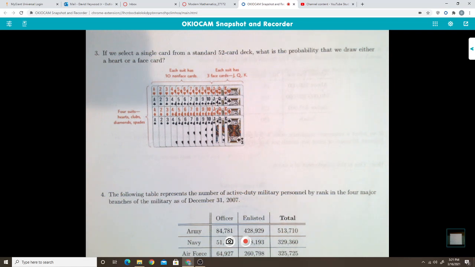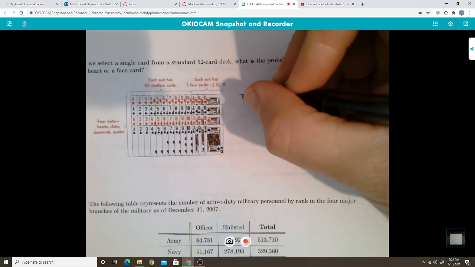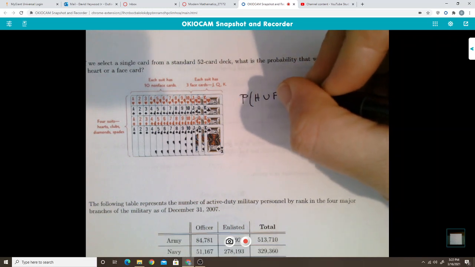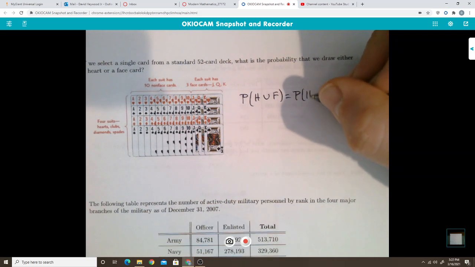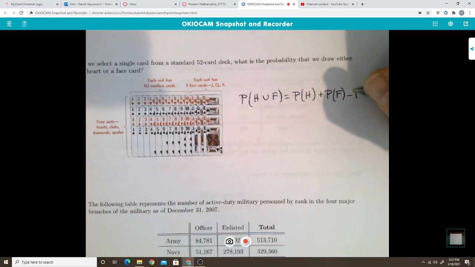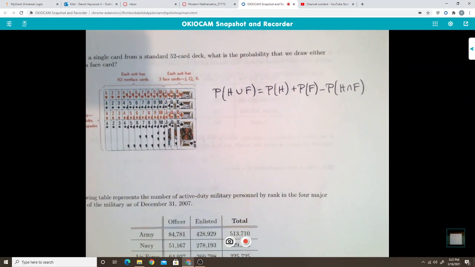Well, we want the probability that we draw a heart or a face card. That's going to be the probability that we draw a heart plus the probability that we draw a face card minus the probability that we draw a heart and a face card. Okay?